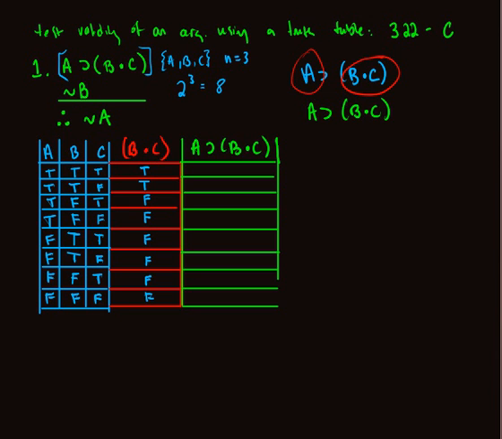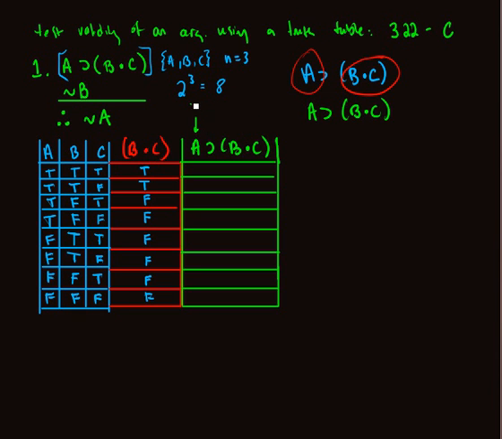Okay, so we know by our rules of the if-then that the only time that this horseshoe is false is when the antecedent here is true and the consequent is false, right? So that's the only time this whole thing is false. Just keep that in mind because it's true otherwise.